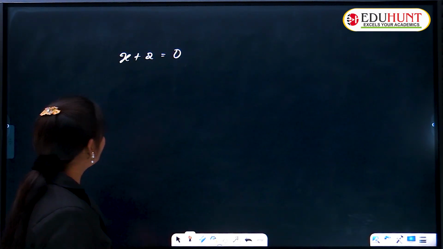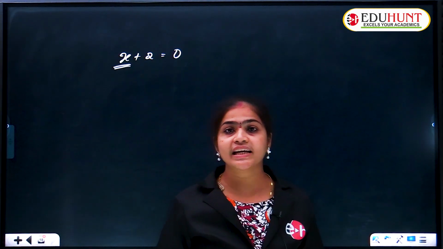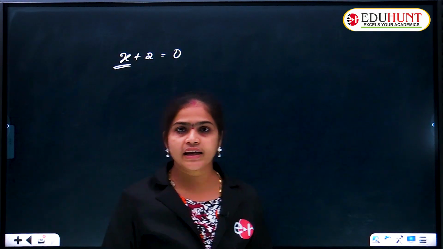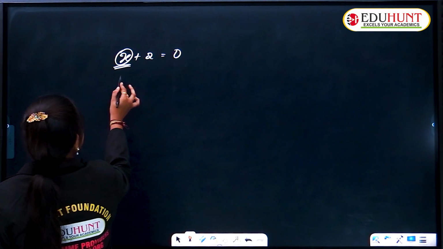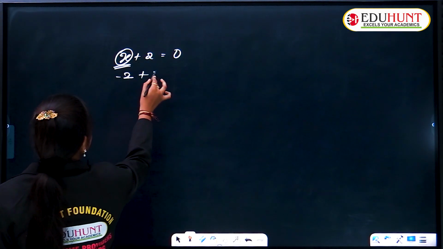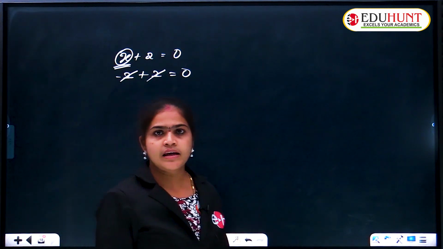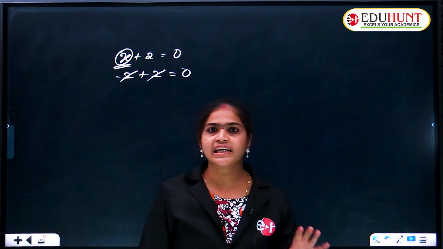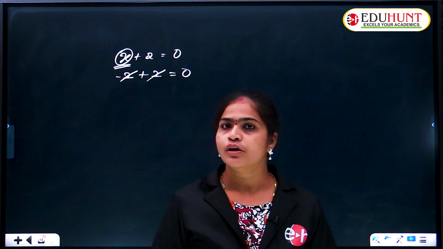Now what value can we replace x with? Which one satisfies here? If you keep x is equal to minus 2, then minus 2 plus 2 gives 0. Except minus 2, if you keep any other number, is it possible to get 0? Not possible.